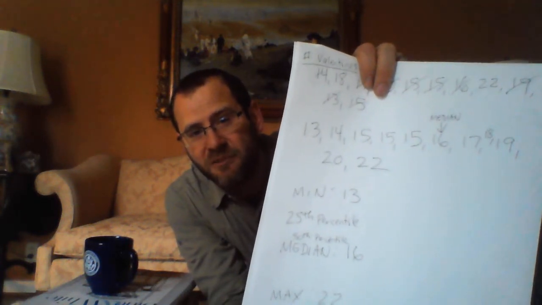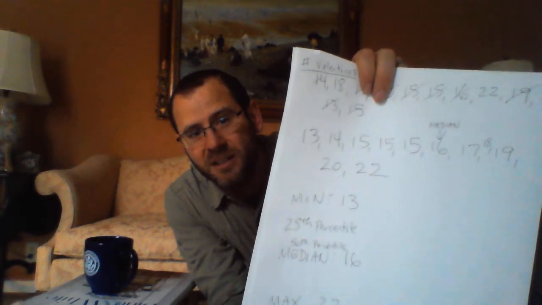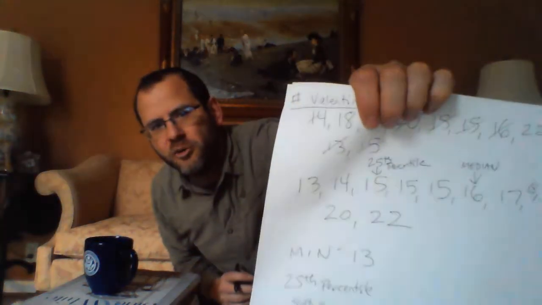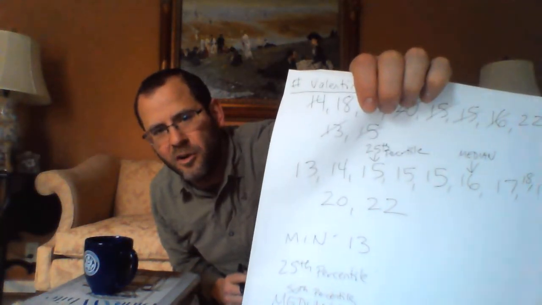We know that the median has 50% of the data below it, so let's pick the number that's halfway there. That has 25% of the data below it. I drew a new arrow that says 25th percentile over the middle number of those 5, the 15. That is our 25th percentile.